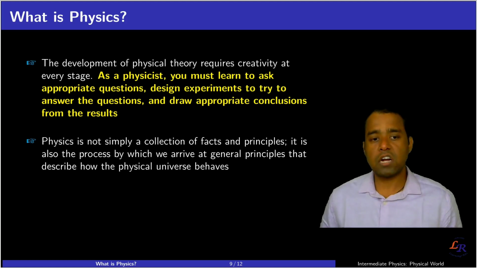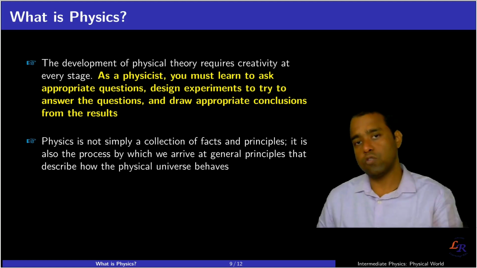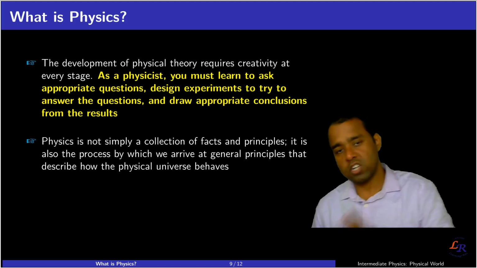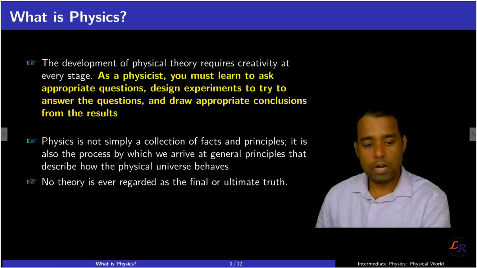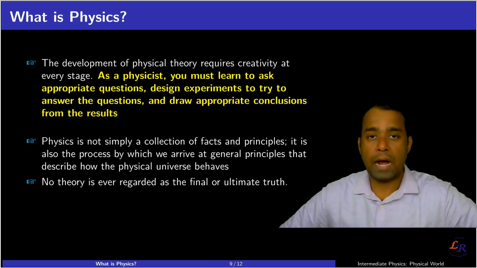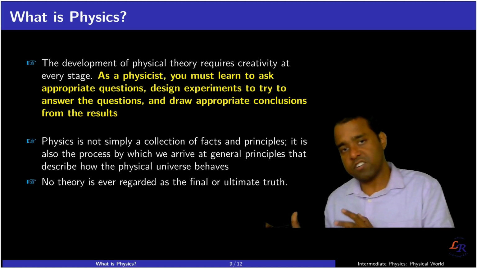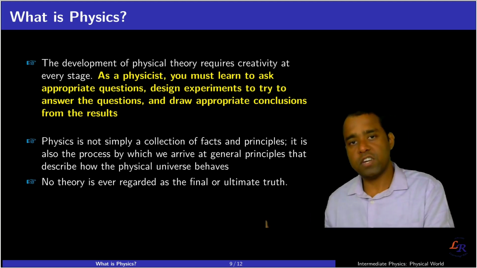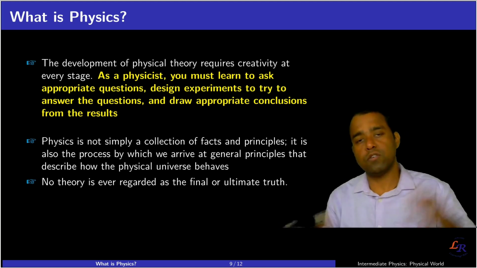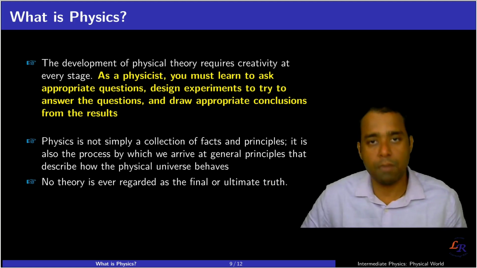So it is not just a collection of facts and principles, but the process involved in learning from one step to another to arrive at the final conclusion. And there can be many considerations of new modifications, or sometimes rejection, and an old theory can be rejected completely and a completely new theory can be come up with.